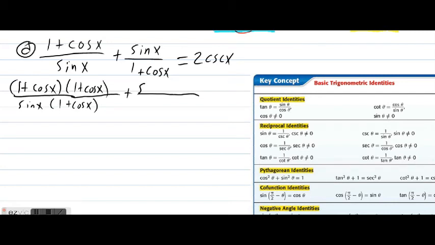Over here I have sine of x times 1 plus cosine of x, and again, what does this denominator have that this one does not? And the answer is sine of x. So what I do to the denominator, I have to do to the numerator.